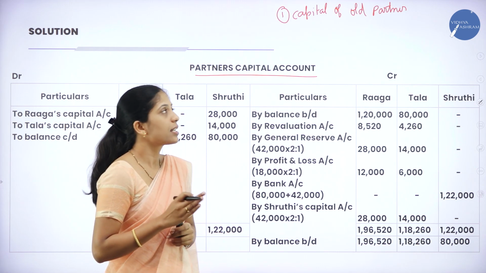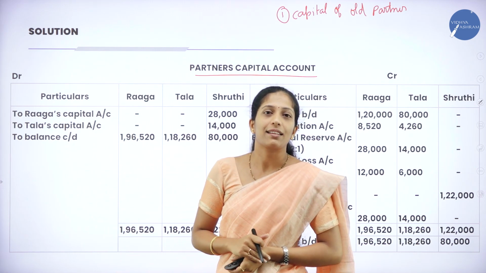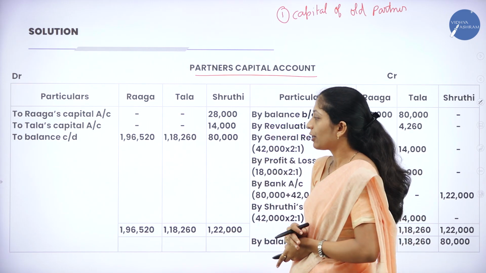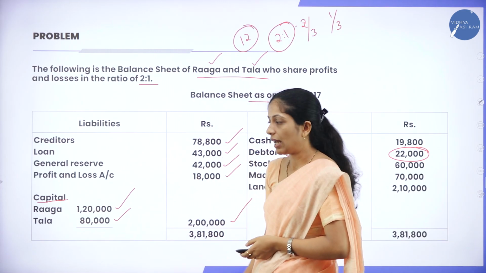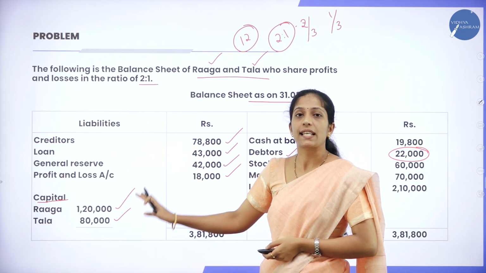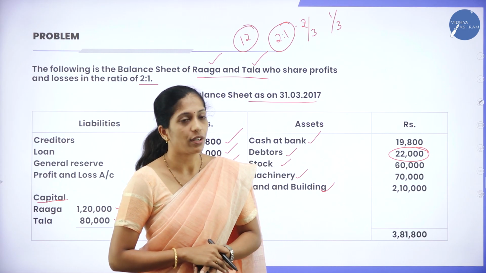Now, the first thing is that you have to bring the capital of old partners. Where do we get the capital of old partners? In your balance sheet, that is in the question. Go through the question here. They have given the capital of Raga and Tala, 1,20,000 and 80,000. Now transfer this capital to the partners capital account as by balance brought down.